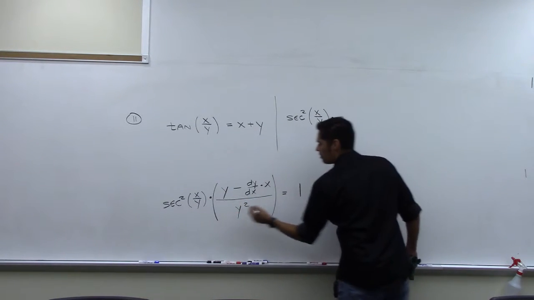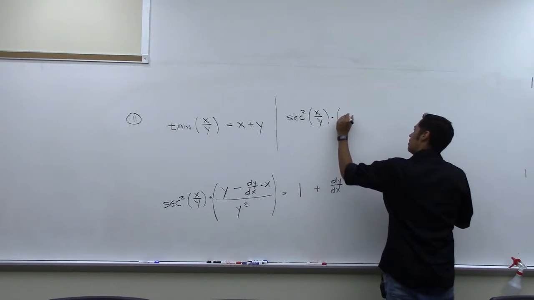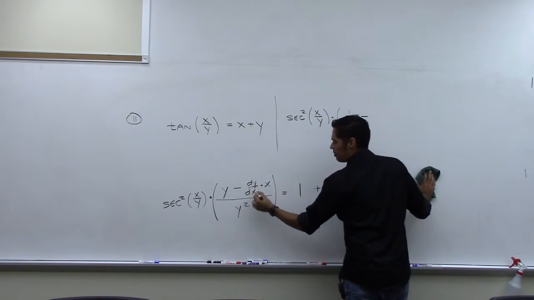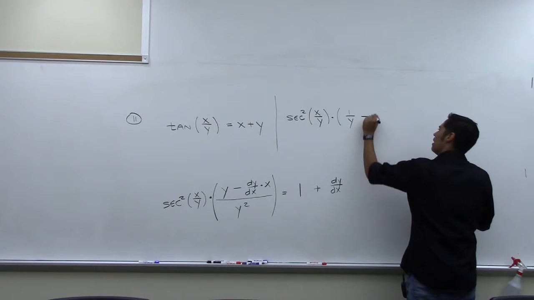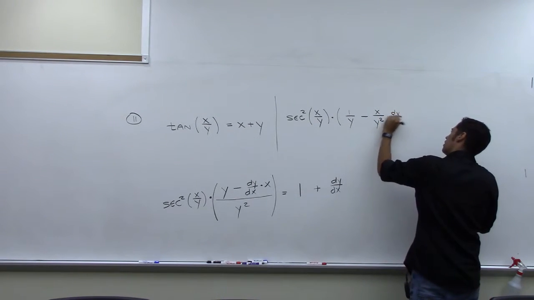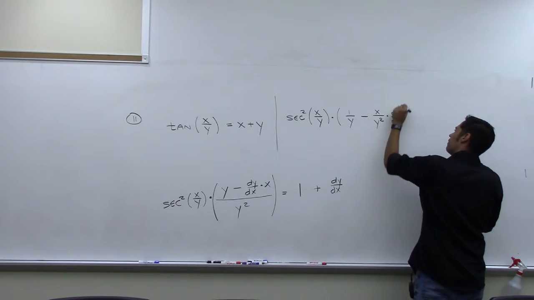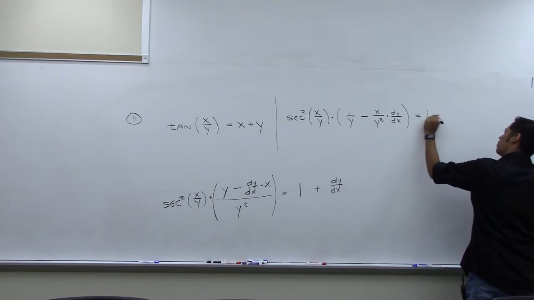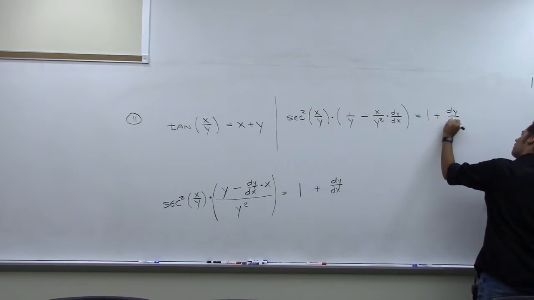It's y over y squared. That's the same as 1 over y minus, and then this over this, which is going to be x over y squared and then dy dx. Like that. So I just split it into two terms, and then equals 1 plus dy dx.